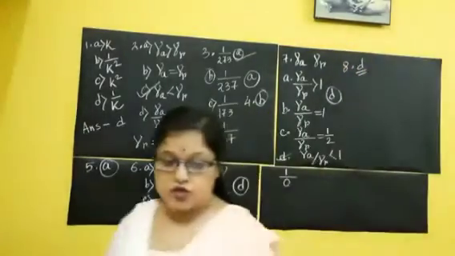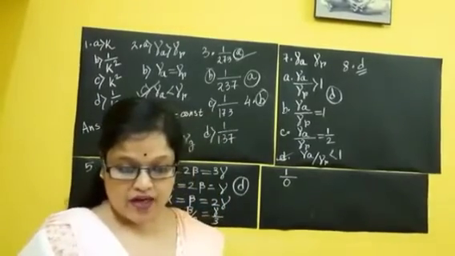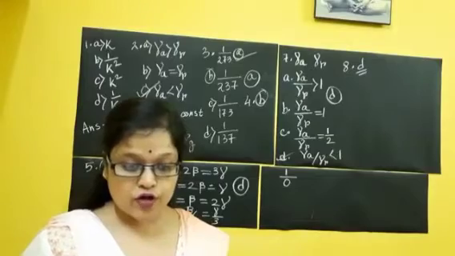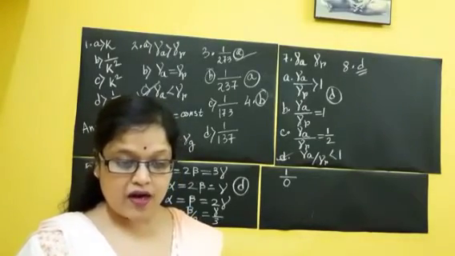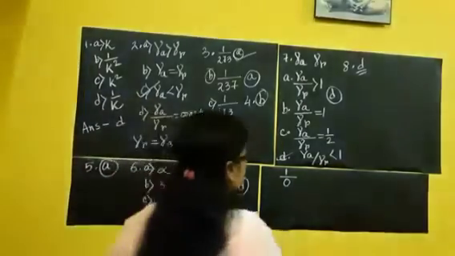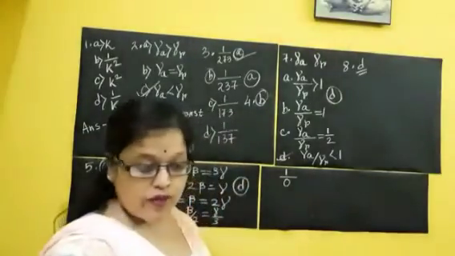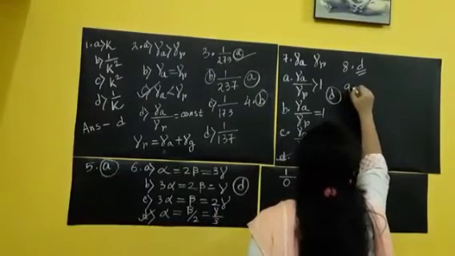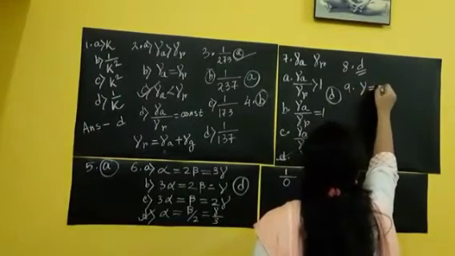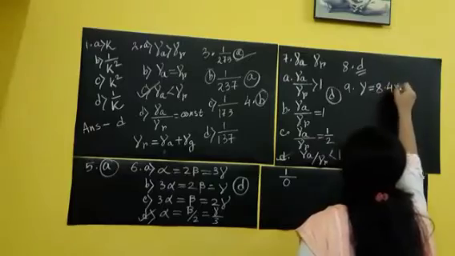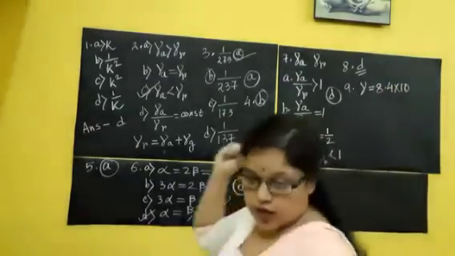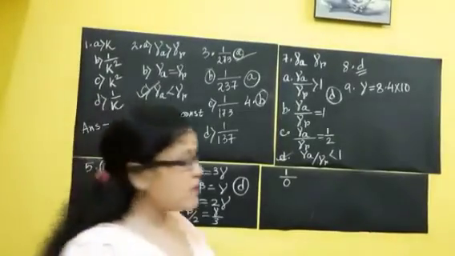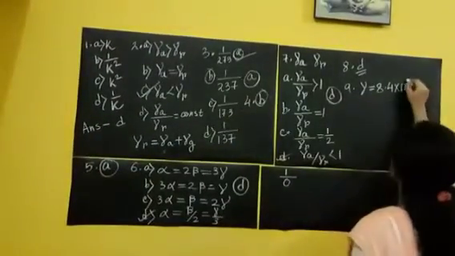Next one, question 9. The coefficient of volume expansion of a metal is 8.4 into 10 to the power minus 5 per degree Celsius. Volume expansion means gamma, so gamma equal to 8.4 into 10 to the power minus 5 per degree Celsius.